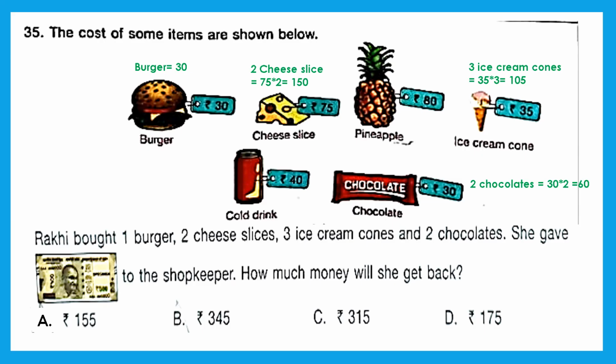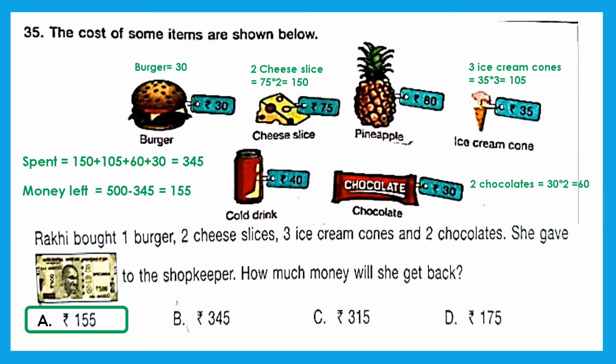Spent money is 150 plus 105 plus 60 plus 30, which is equal to 345. This much amount she has spent. Now she has given 500 rupees note to shopkeeper. How much she'll get back is 500 minus 345, which is equal to rupees 155, which is option A.